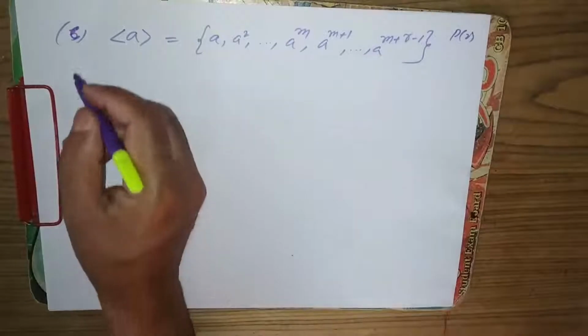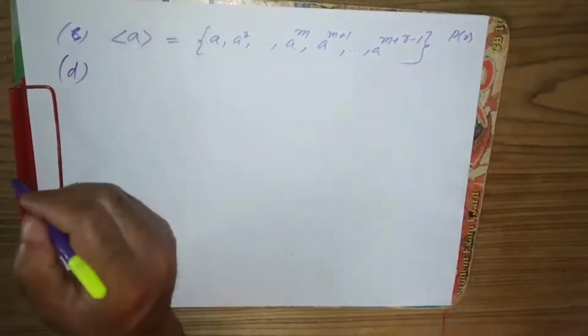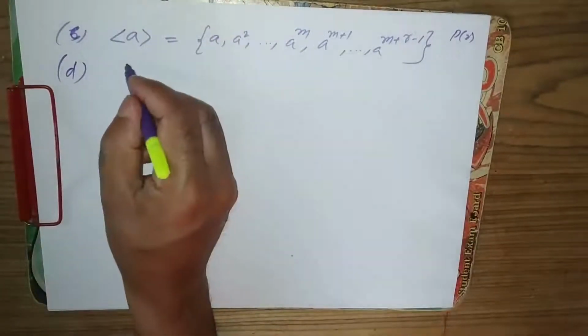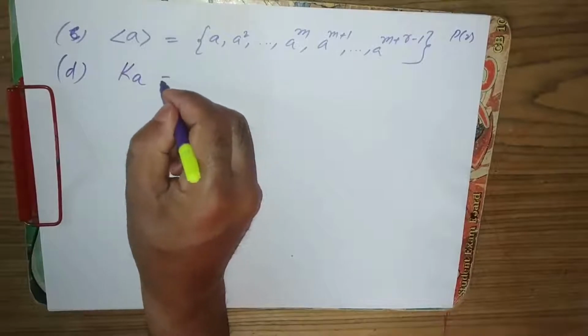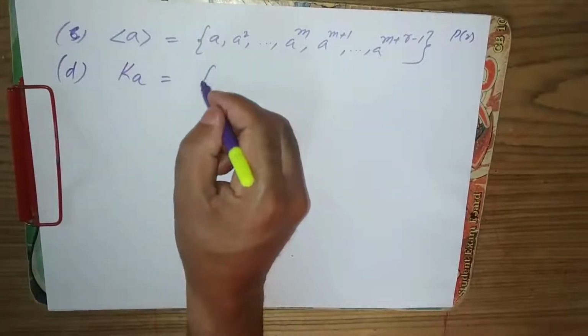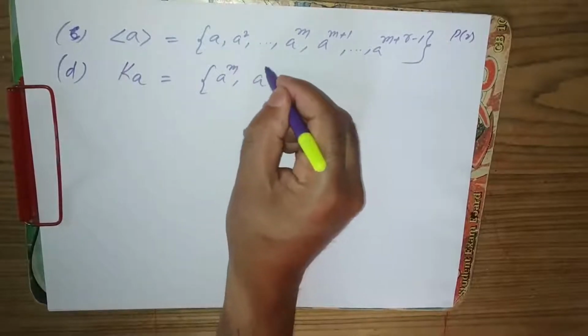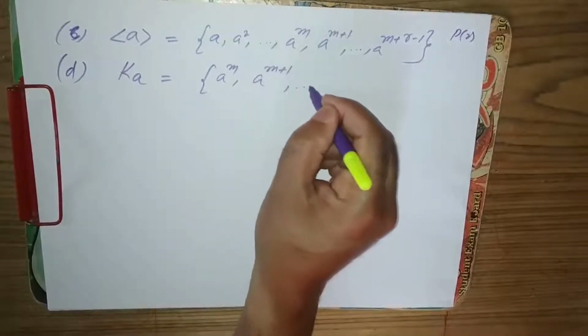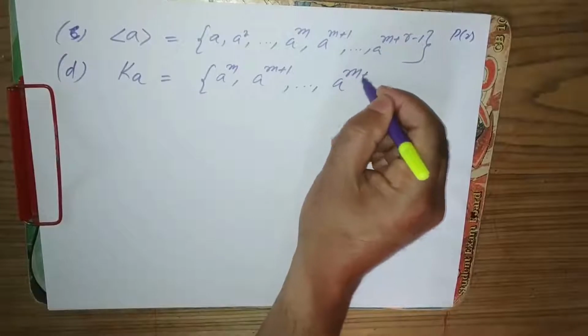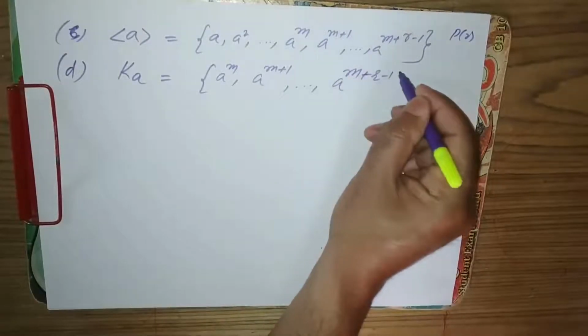And the fourth property is the set K_A, we denote it by K, and it's equal to a power m, a power m plus 1, up to a power m plus r minus 1.